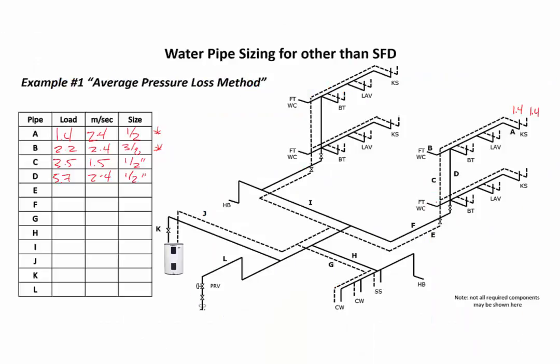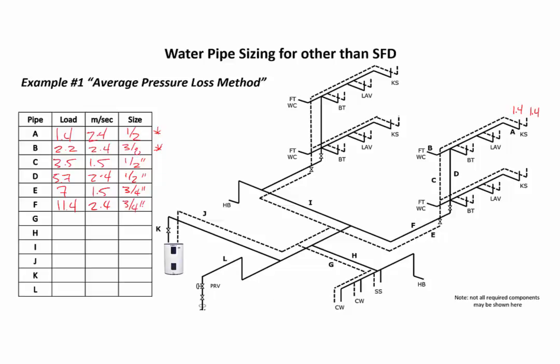E is a hot line supplying both the suites there on the right. 7 fixture units at 1.5 meters per second. So for 7 fixture units, we're going to need 3/4 inch at that velocity. F, 11.4 fixture units. It's the cold for both suites. 2.4 meters per second, and according to the table, 3/4 inch.